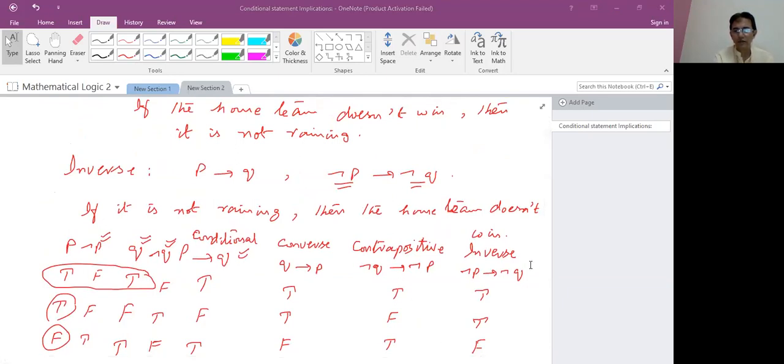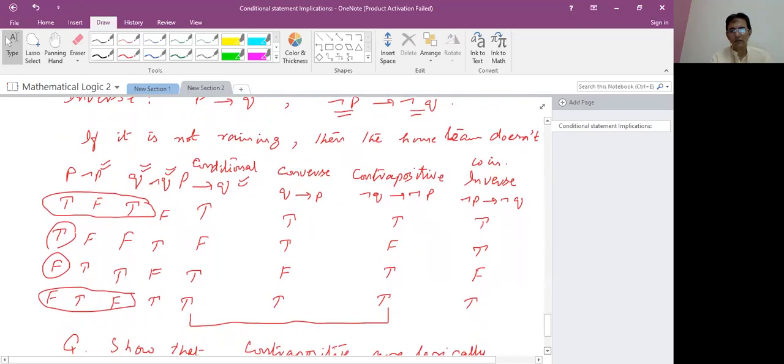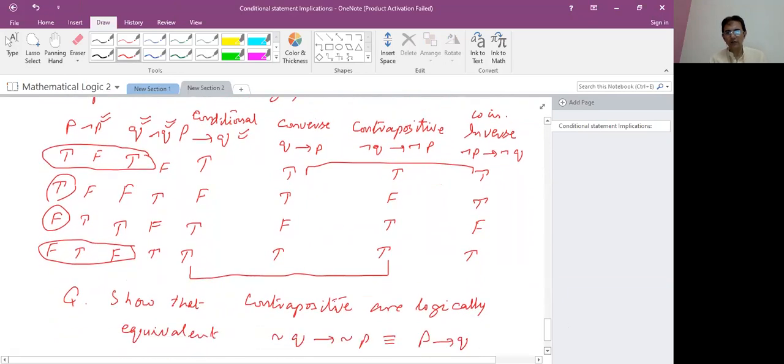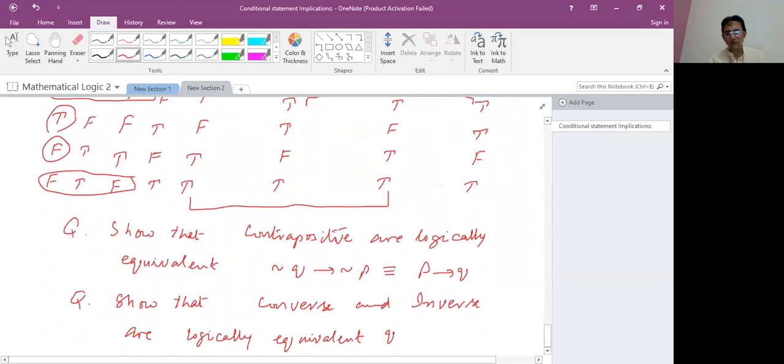You see that converse and inverse are both similar according to the result. So Q implies P is logically equivalent to negation P implies negation Q. It means the converse and inverse are both logically equivalent.